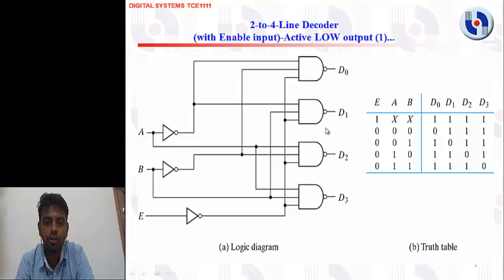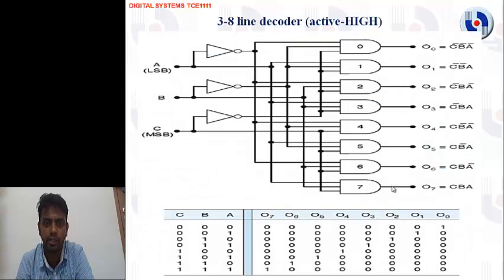For D1 the inputs are 1, 1 and 1, so it is giving high output. D2 also has the same condition, and D3 also. So from this we can see that if the inputs are 0, then we are getting this code 0, 1, 1, 1. In this way we can decode our own logic as per the requirement of applications.